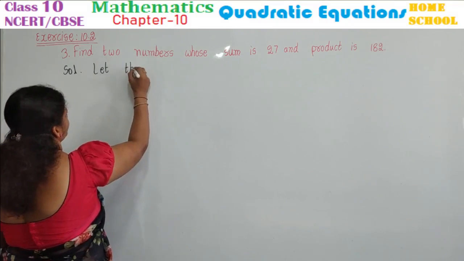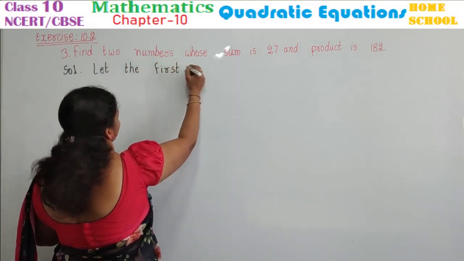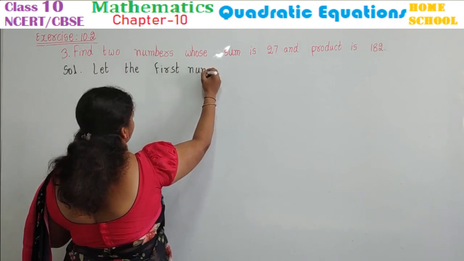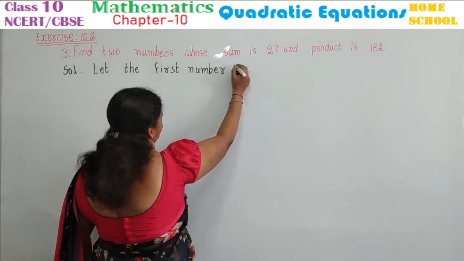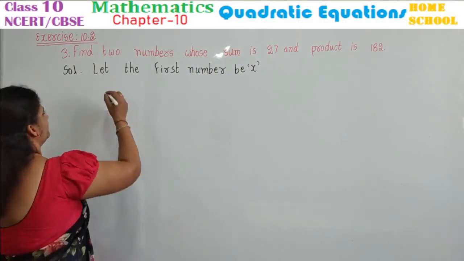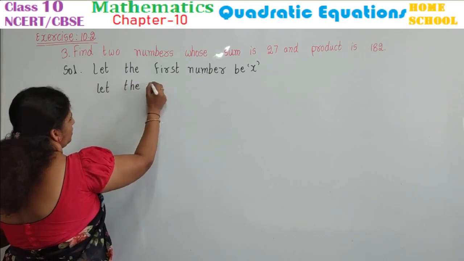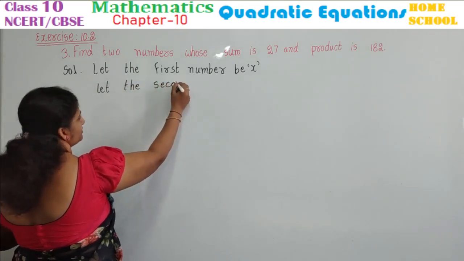Let the first number be x and let the second number be, what is the second number here?